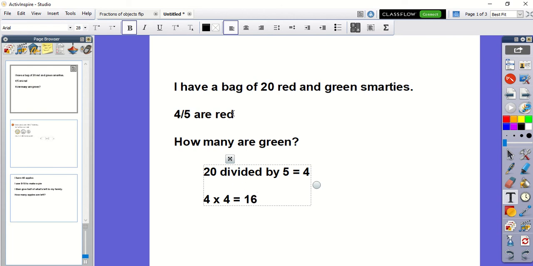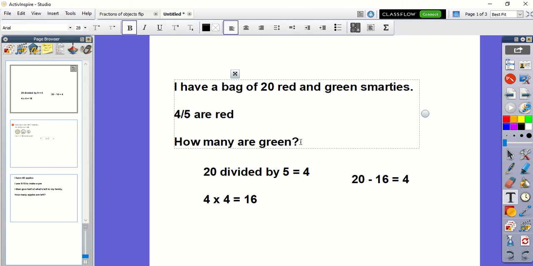Okay, so I now know that 4/5 equals 16. Now all I have to do is do 20 take away 16. That gives me the answer 4. So how many are green? The answer is 4.